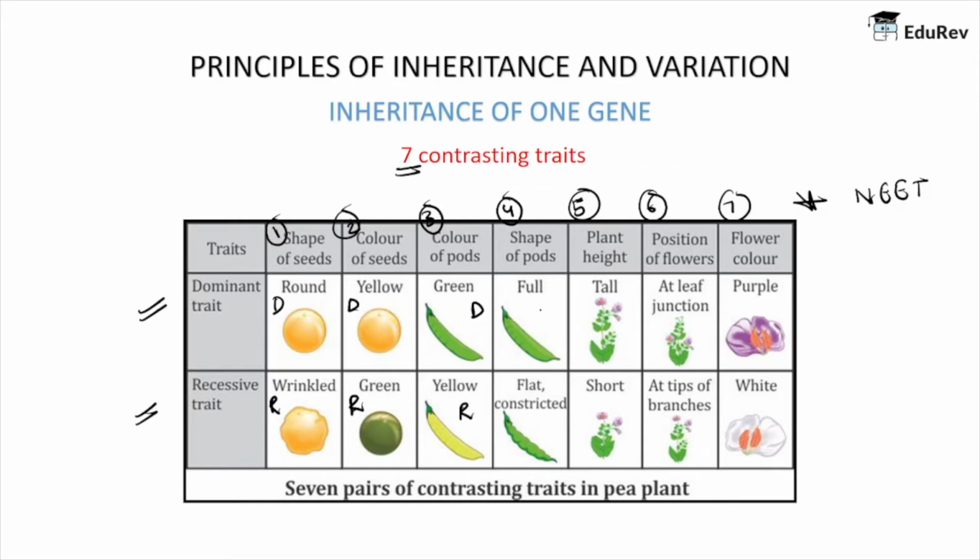Shape of pods, if full, was dominant and flat and constricted were recessive. Plant height, the tall ones were dominant and the short ones were recessive. The flowers at the leaf junction were dominant and flowers at the tips of branches were recessive. The flower color purple was dominant and flower color white was recessive.